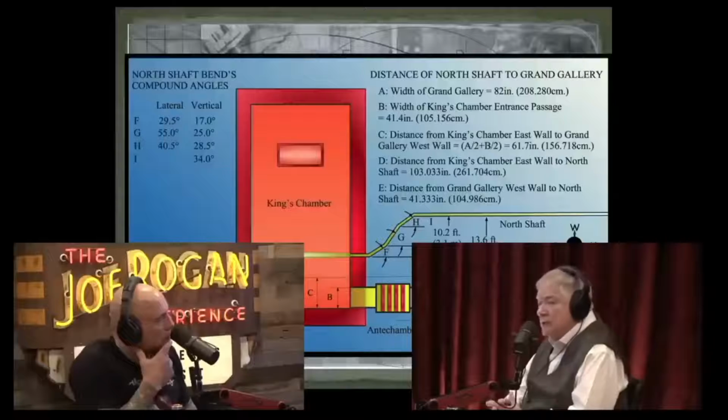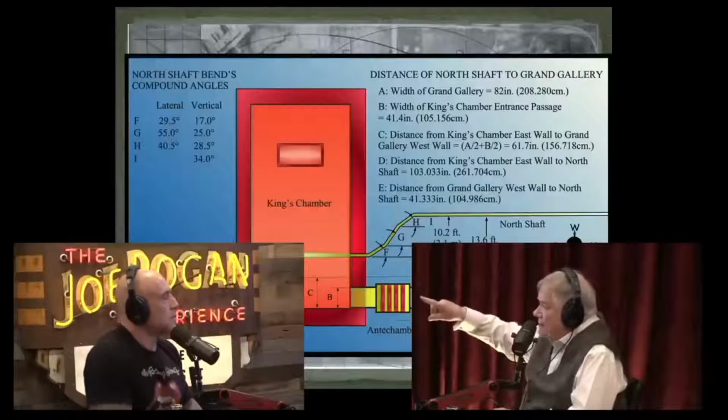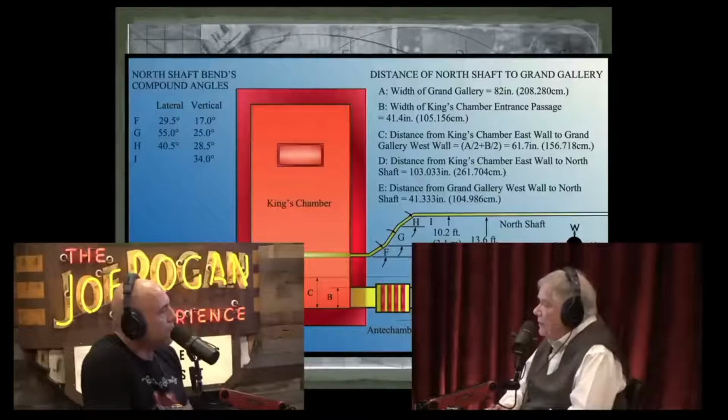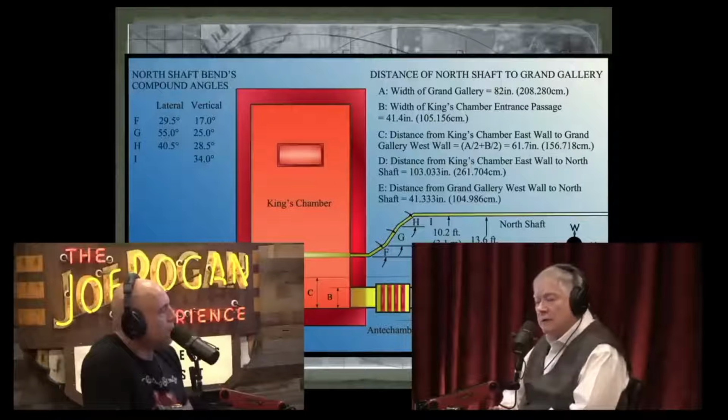So the commonly held theory about why those shafts exist is to ventilate the Great Pyramid, right? Mm-hmm. And that the reason why they have those bends is for it to encircle the Grand Gallery so that it doesn't interfere with the Grand Gallery.